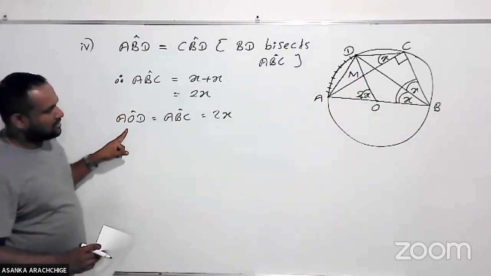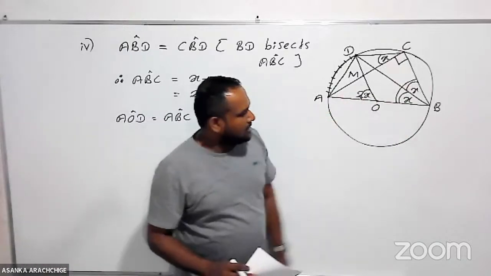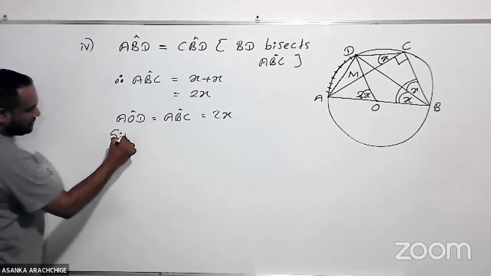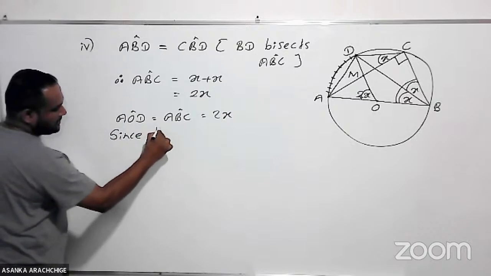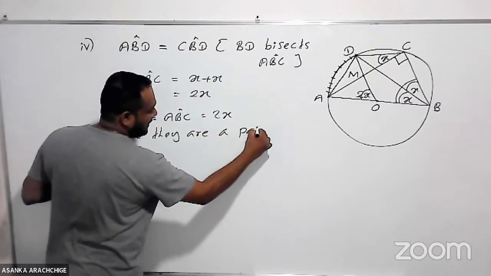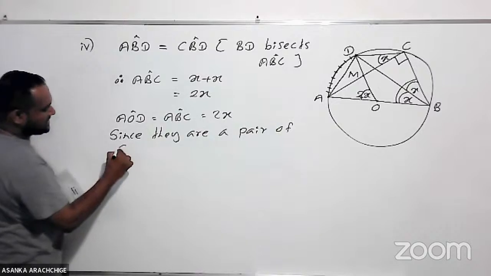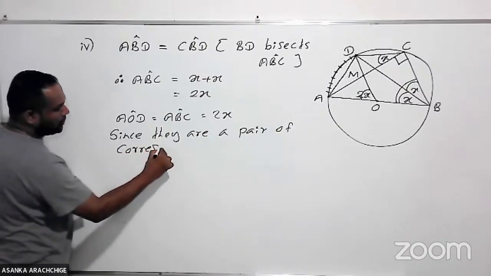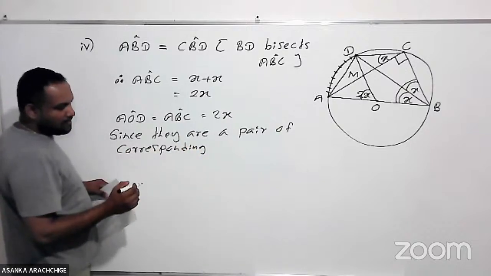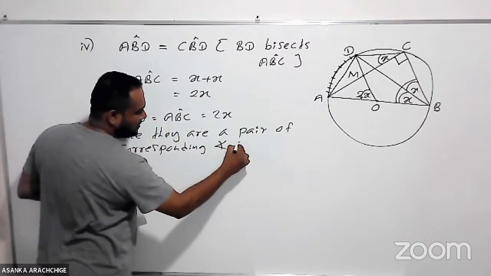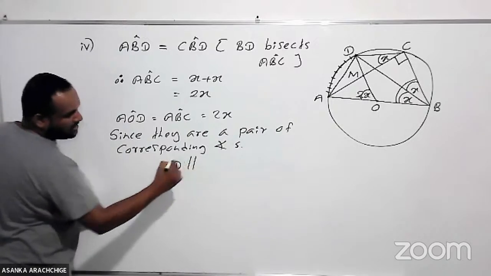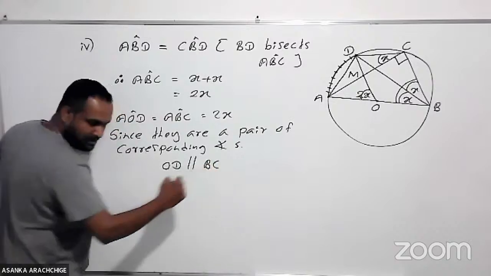Angle AOD equals angle ABC equals 2x, and then you can say, since they are a pair of corresponding angles, OD is parallel to BC. Is that clear?